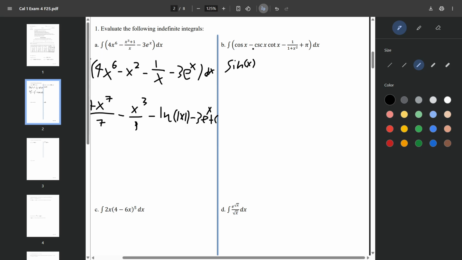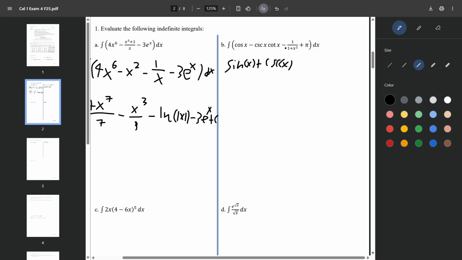Next up is negative CSC of x times cotangent of x, and that would be CSC of x, because the derivative of CSC of x is negative cosecant times cotangent.